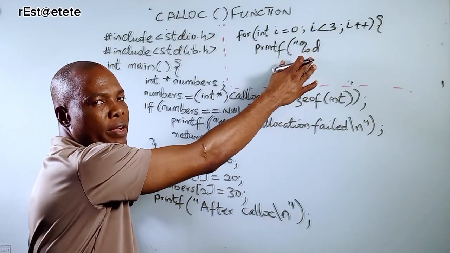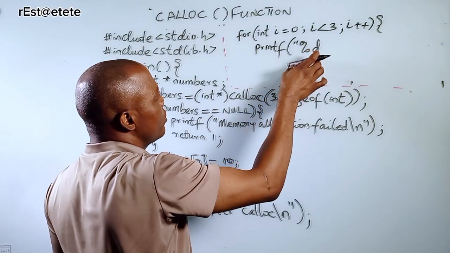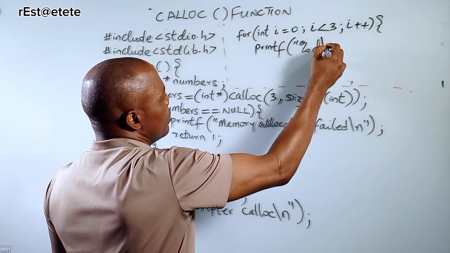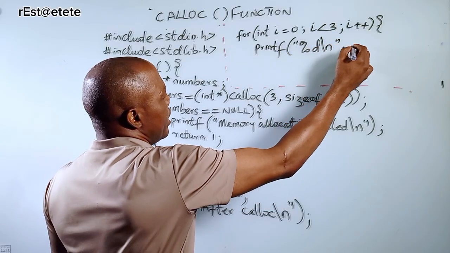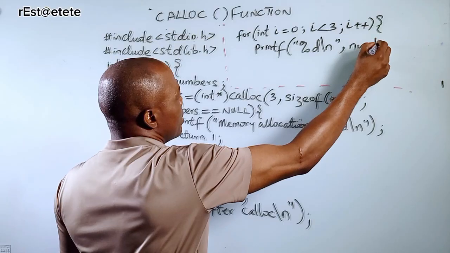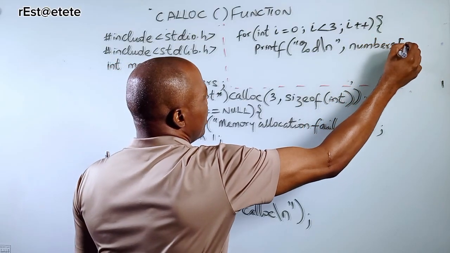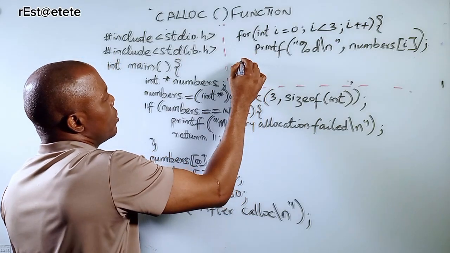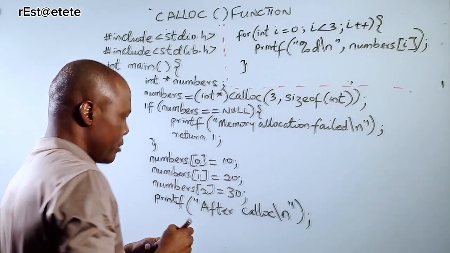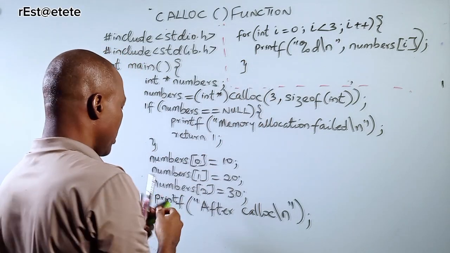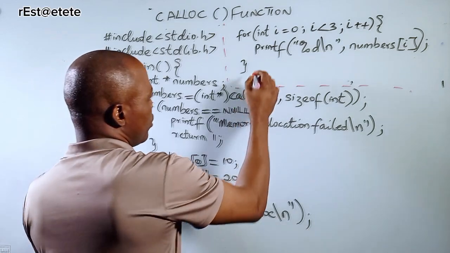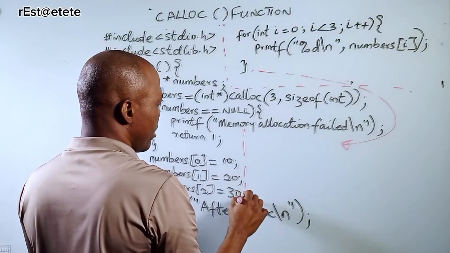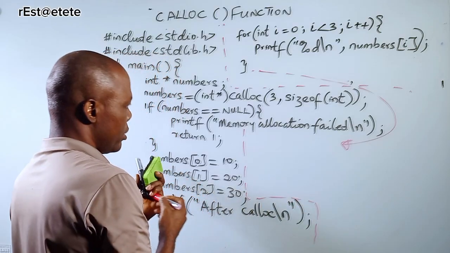This is a format specifier telling the CPU how it's going to interpret the 0s and 1s that it sees. Then backslash n, then numbers i, accessing all the indexes. Then I'm going to close this, right? I have this again to close this part.